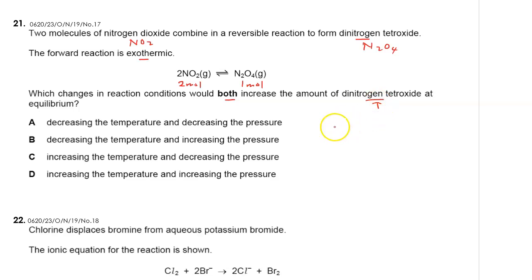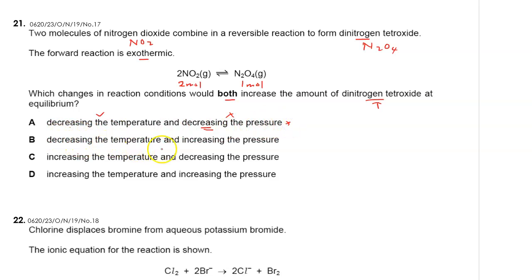So high pressure and low temperature will be key here. Decreasing temperature is correct, but decreasing pressure will shift the equilibrium position to the left, so it will not produce more of dinitrogen tetroxide. So this one is not correct.